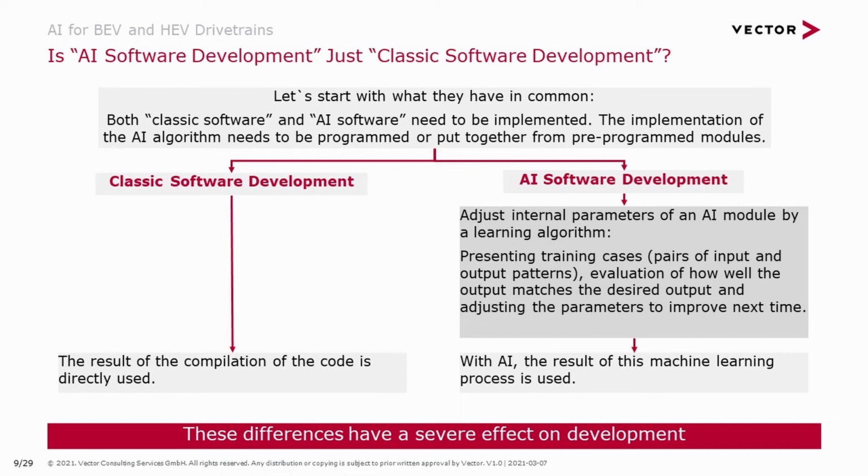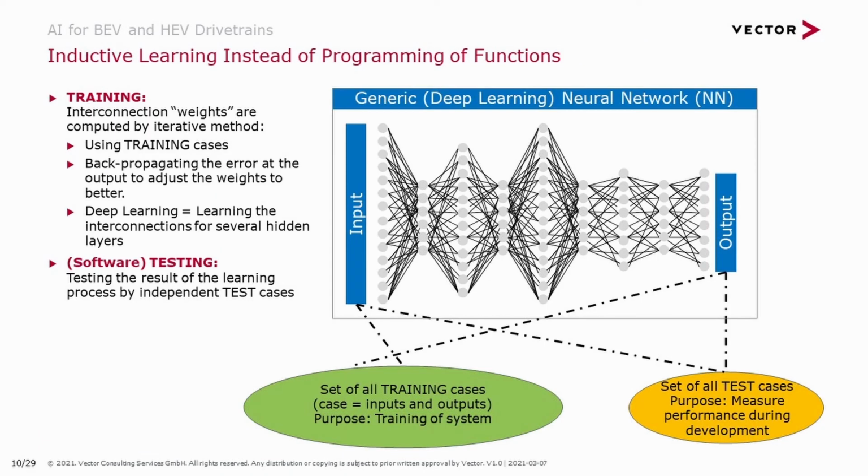How does it work? If you look at the generic deep learning neural network, you have an input layer and an output layer, and you present a training pattern to the input. Then it is processed internally by all these connections and units, and you get a result at the output.